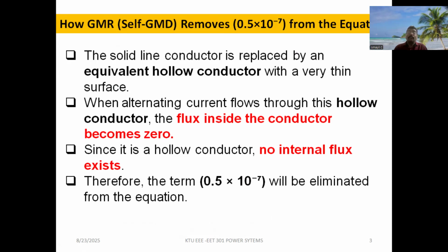If no current flows, there is no flux inside the conductor. Only flux lines are there in the outer portion of the conductor. Hence, there is no internal flux. Thereby, we can eliminate the term 0.5 into 10 raised to minus 7.